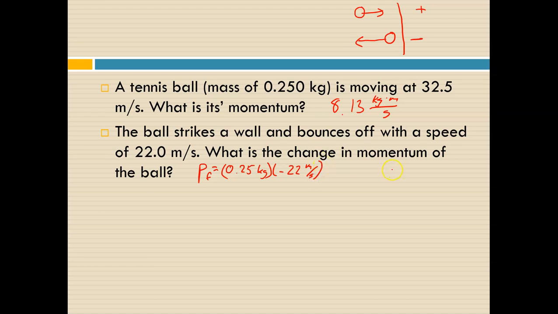That gives you the final momentum, which in this case is going to be negative 5.5 kilogram meters per second. To find the change in momentum, it becomes minus 5.5 minus plus 8.13. And the answer is going to end up being in kilogram meters per second.